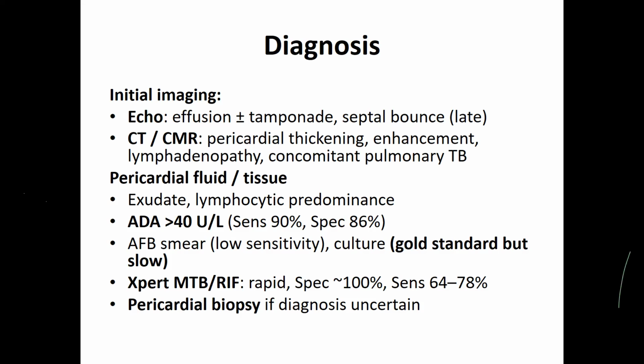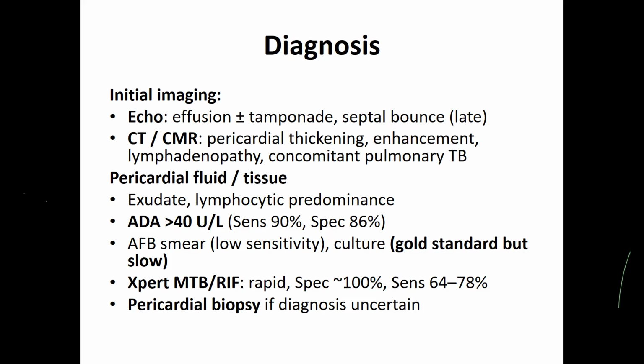The cornerstone in diagnosis, of course, is the pericardial fluid and tissue. You evaluate it. It's usually exudative with lymphocytic predominance. The adenosine deaminase is usually more than 40. This is highly sensitive and specific for tuberculous pericarditis. Smear is low sensitivity, but culture is usually the gold standard, though it takes a very long time.